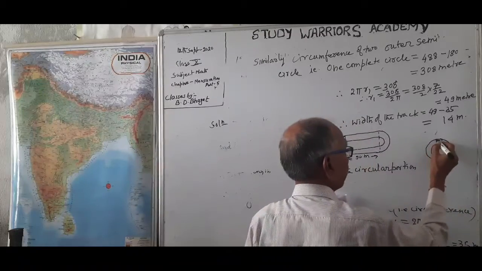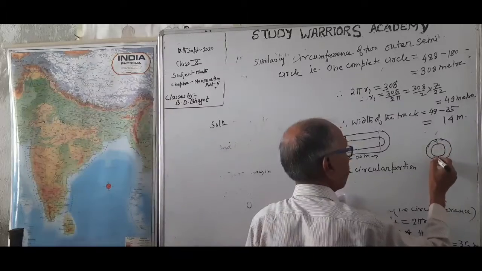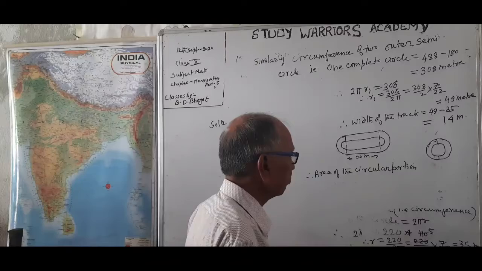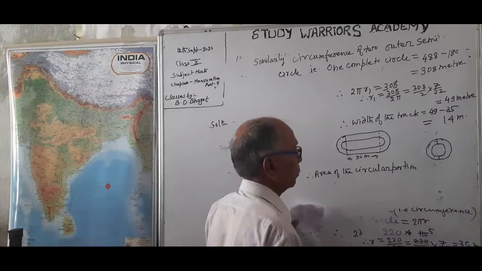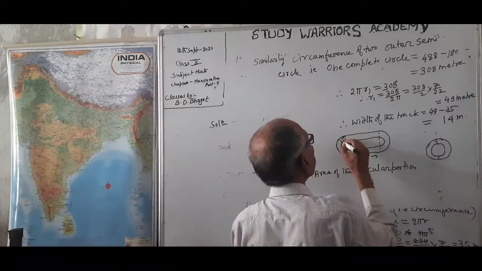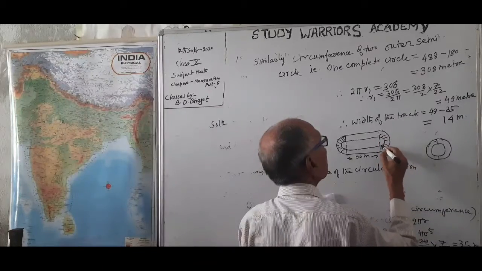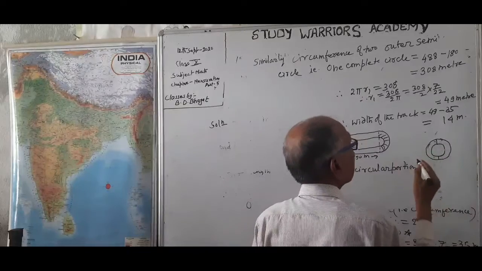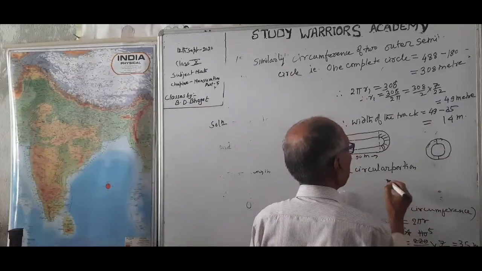We know that if we join this half semicircle and this half semicircle, this will be a circle in the outer space and inner space also. So we have to find the area of this portion plus the area of this portion. If we add these two, we will get the area of the circular portion.